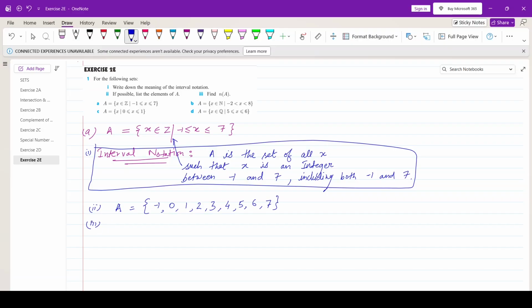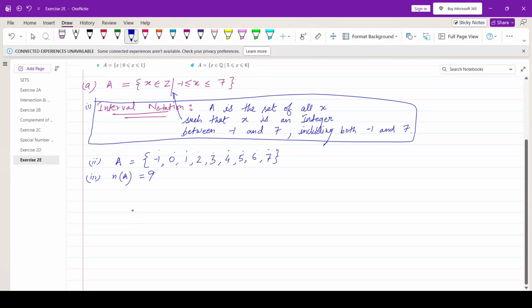Now part C says, find the number of elements in A. So the number of elements in A is 1, 2, 3, 4, 5, 6, 7, 8, 9. That will be 9. This is our answer.